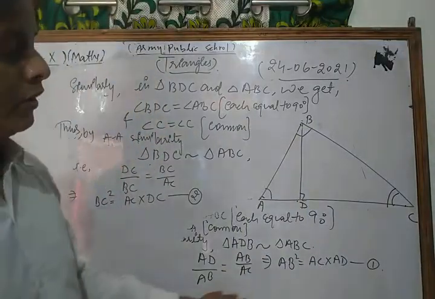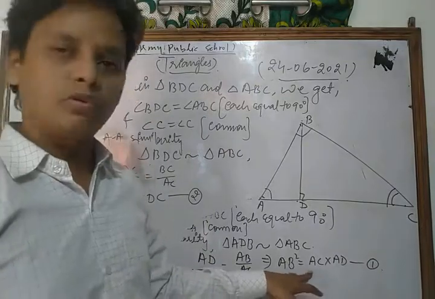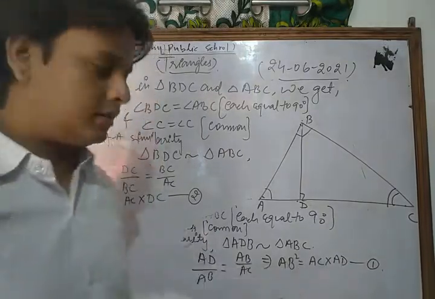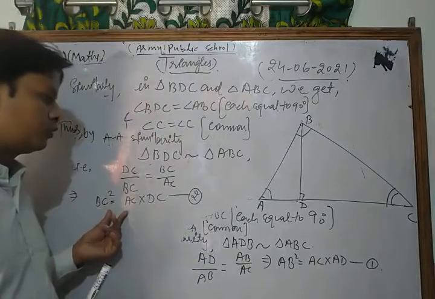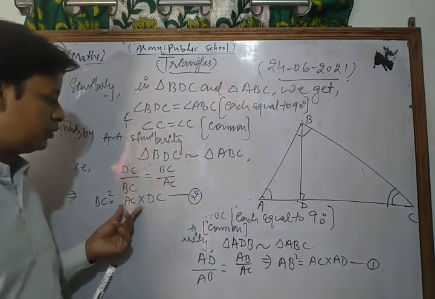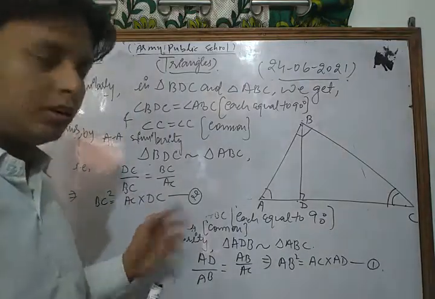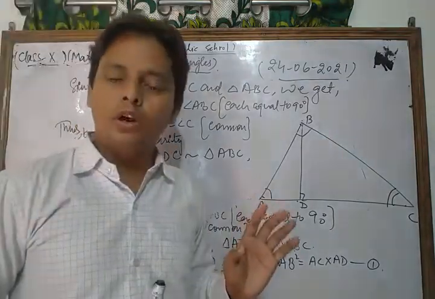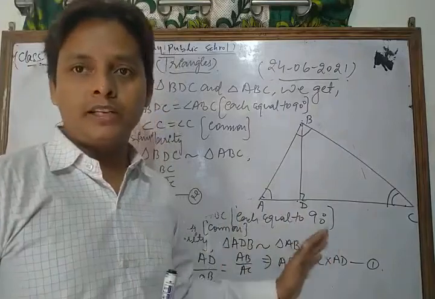So in this way we form two equations: AB square is equal to AC into AD, and second, BC square is equal to AC into CD. Okay, now we add both equations, equation 1 and 2.